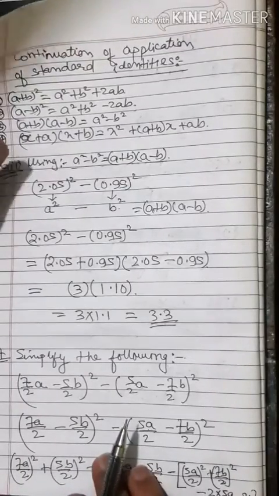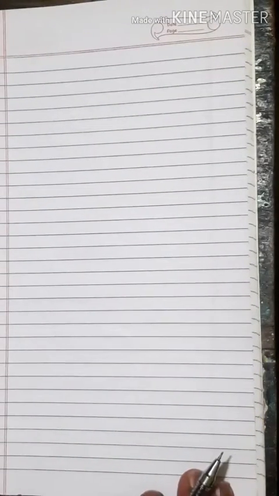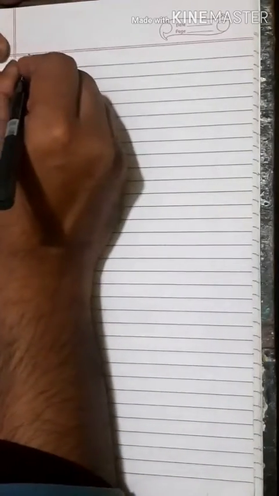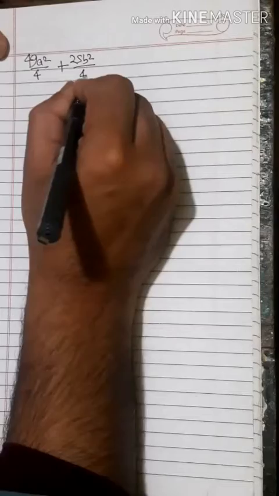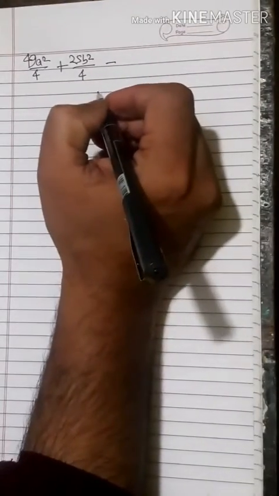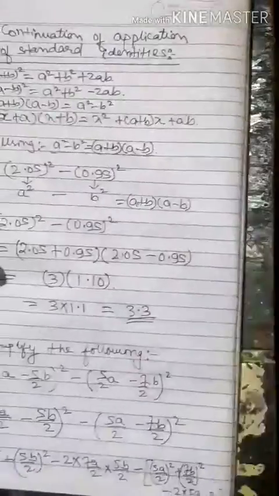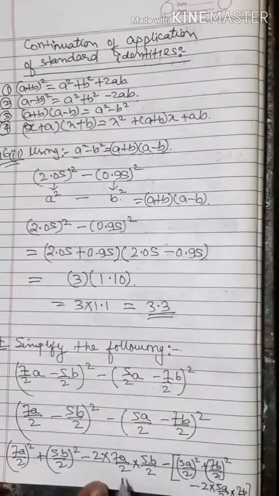Okay, now let us continue. (7a by 2) whole square would mean 49a square by 4, plus (5b by 2) whole square would mean 25b square by 4, minus, okay, what are the cancelable terms?